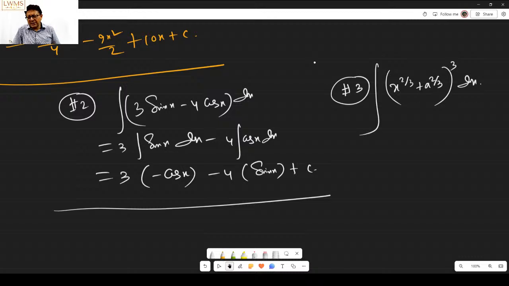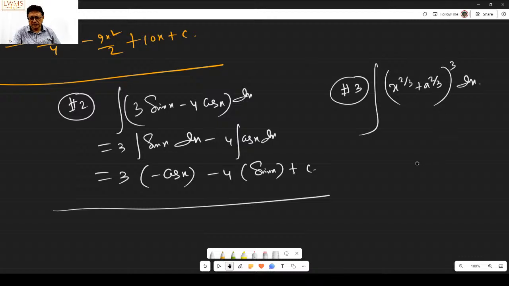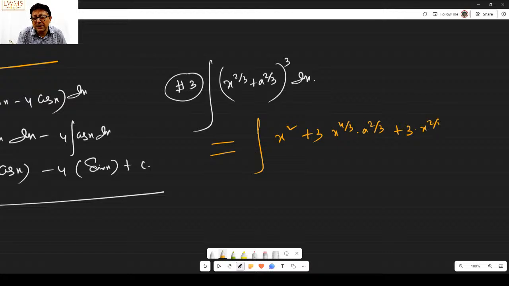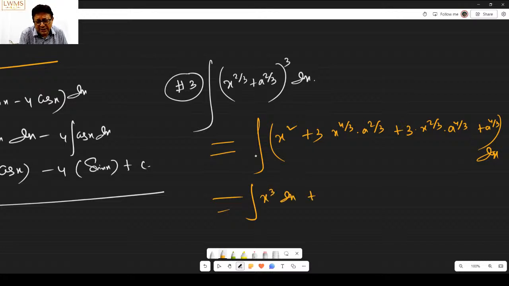To integrate this one, you need to expand it. Simple. Just expand. a cube plus 3a square b plus 3ab square plus a to the power 4 by 3 into dx. So now integrate term by term.